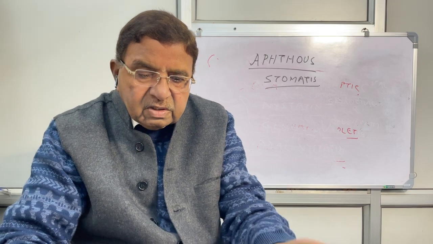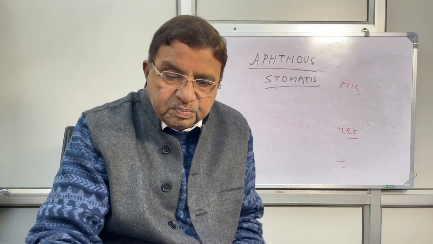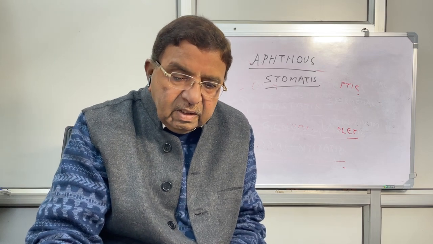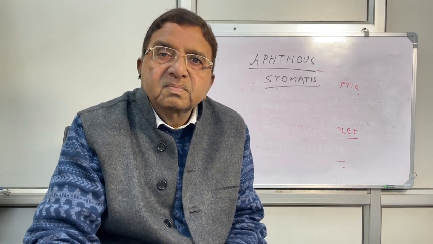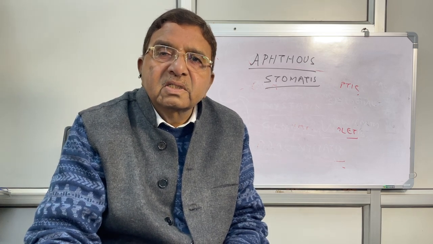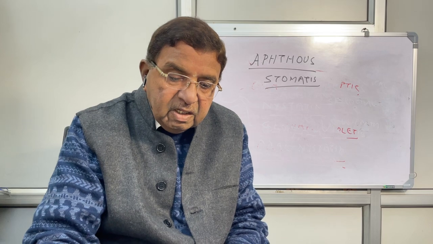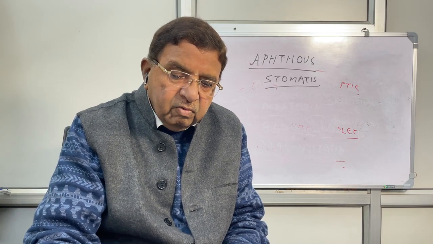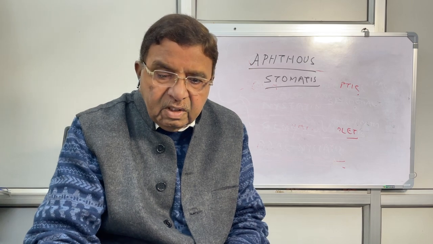Now, what are the causes of Aphthous stomatitis? It is typically present on the tongue, buccal mucosa, soft palate, etc., multiple in number and may recur over a period of several weeks. लगातार होते रहते हैं.